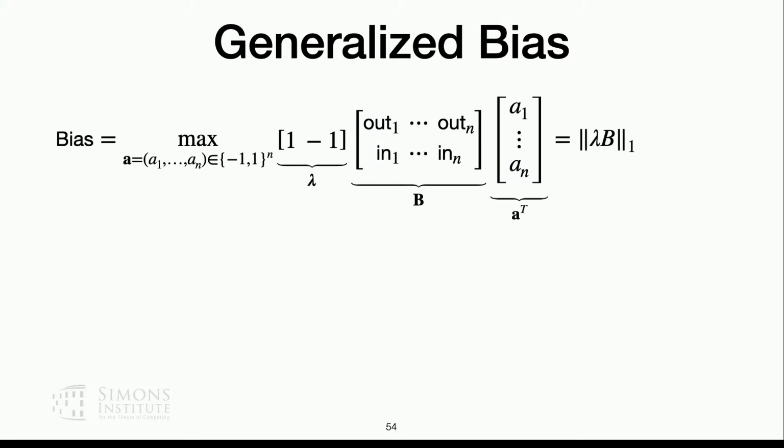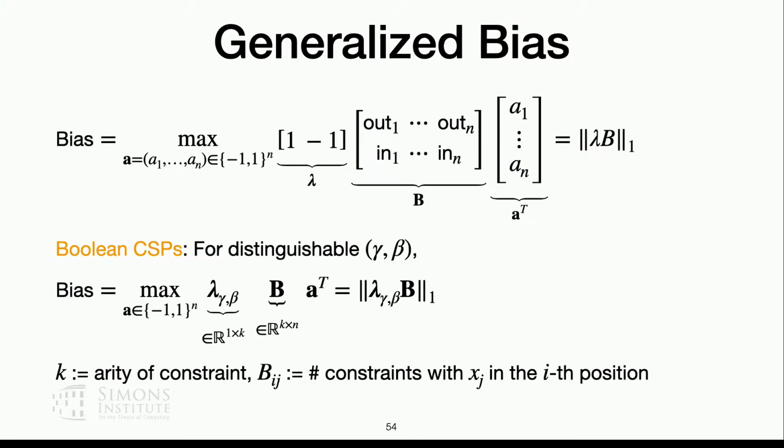Now, the idea is that for at least Boolean CSPs, when you have gamma beta that are distinguishable, you can choose a suitable set of weights instead of 1 and minus 1. This bias matrix still just says how many constraints there are with, let's say, variable xj in the ith position. And so that is just a generalization of this bias matrix you see here.